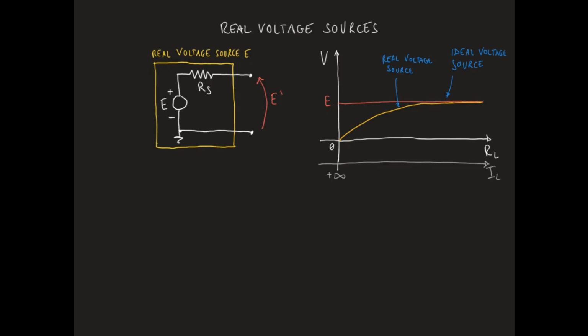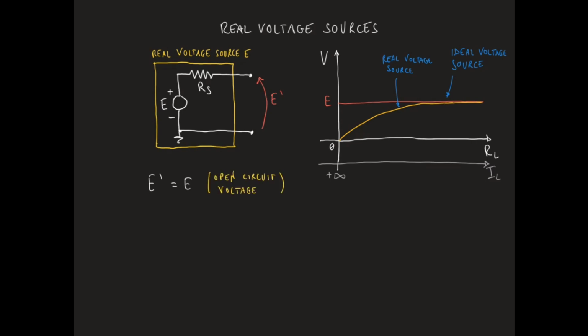In case we connect no load at the output of the voltage source, E prime will be equal to E. So the open circuit voltage at the output of the real voltage source is exactly the voltage provided by the ideal voltage source in the model.